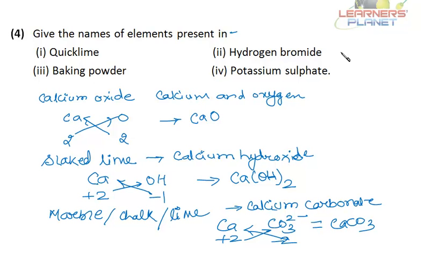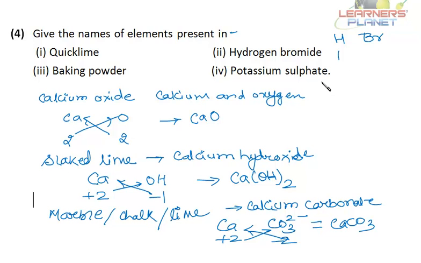The next one here is hydrogen bromide. So what are the elements present? One is hydrogen and Br, that is bromine. The name of the more electronegative element ends with ide. What will be the formula? The symbol of hydrogen is H. The symbol of bromine is Br.